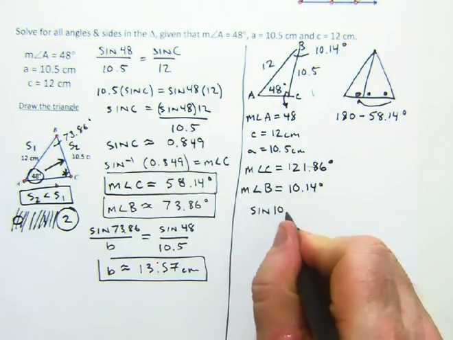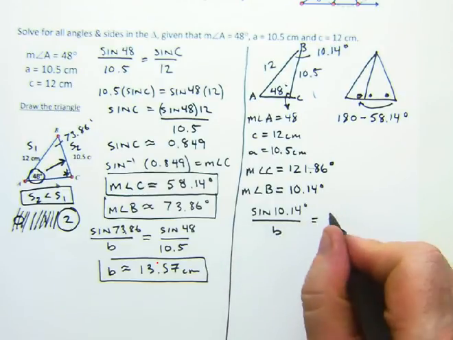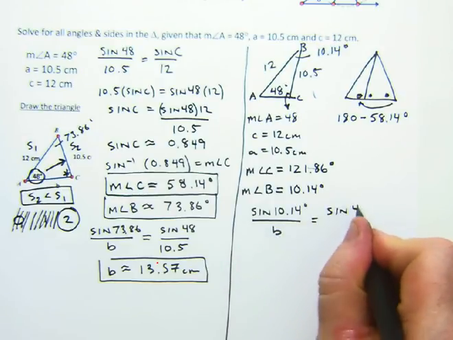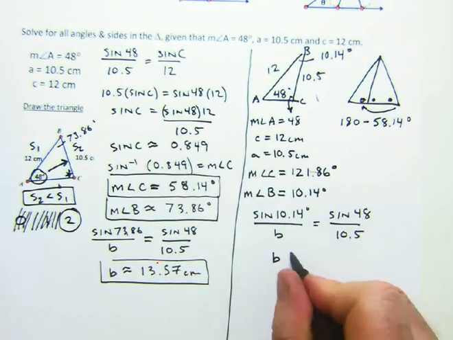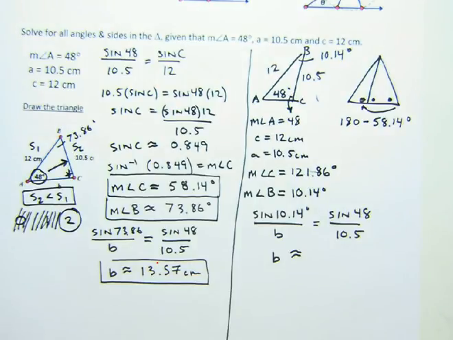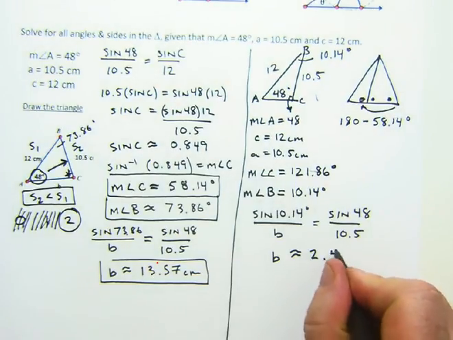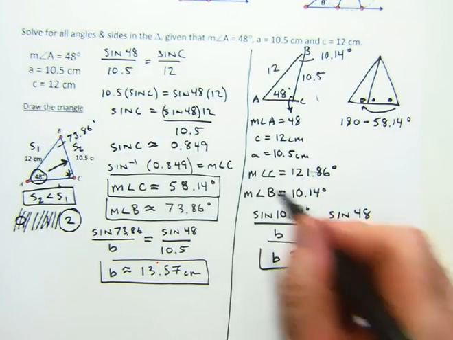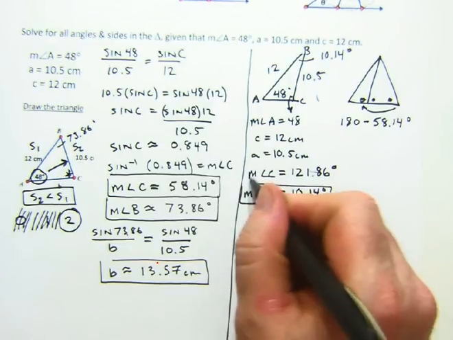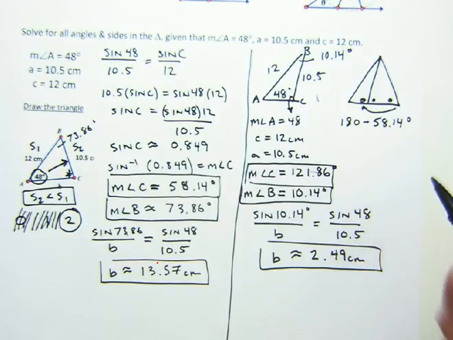The sine of 10.14 over b is equal to the sine of 48 over 10.5. And b in this triangle would be approximately 2.49. Now let's look. So there's all the information of the second triangle.